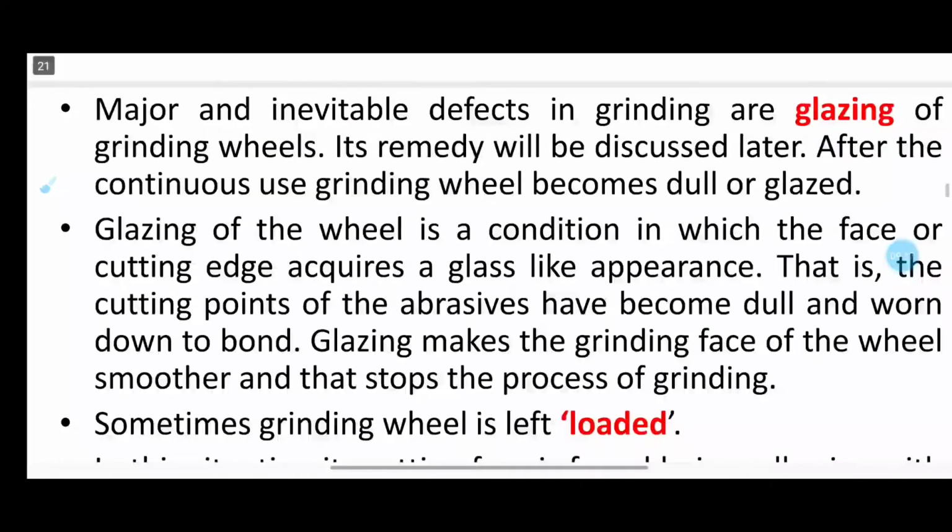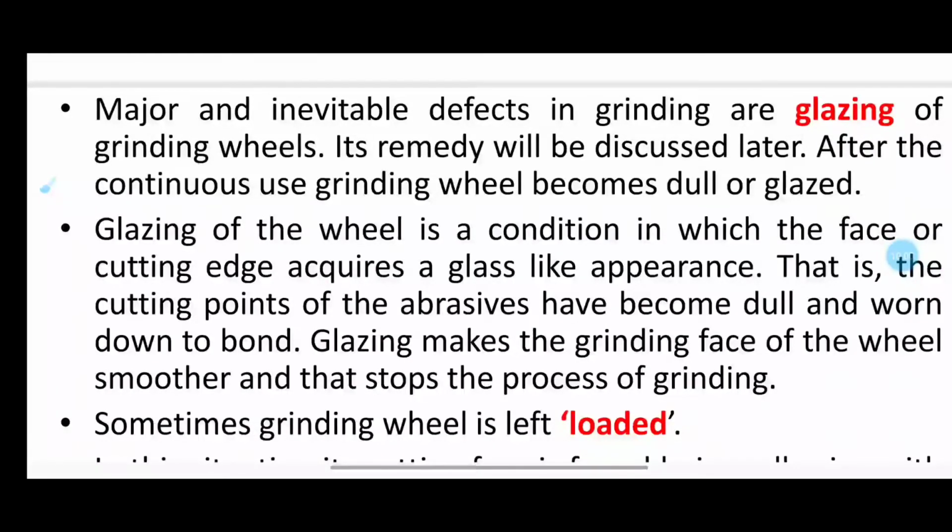So you would have seen the video. That is nothing but the glazing, because sometimes when we are doing this grinding process, the grinding wheel might wear out and the sharpness in the grinding wheel might go. So in order to regain the sharpness, we do this process. It is a remedy which will be discussed later. After continuous use, the grinding wheel becomes dull or glazed. So the sharpness will be going off.